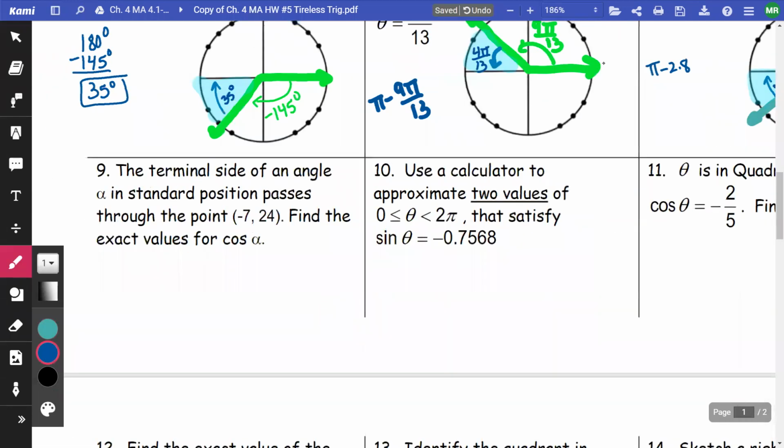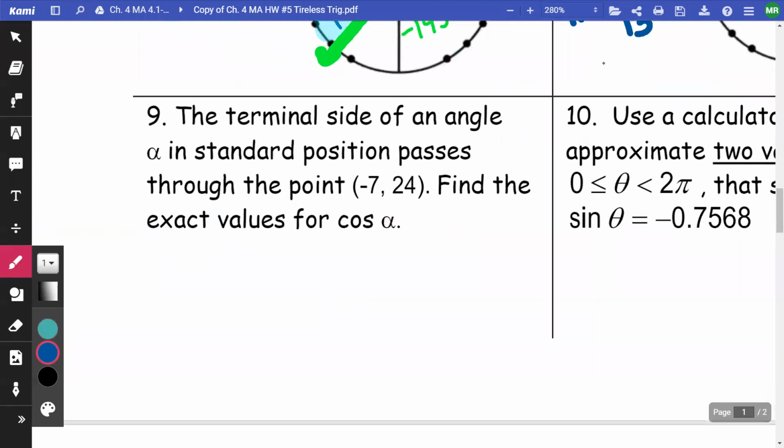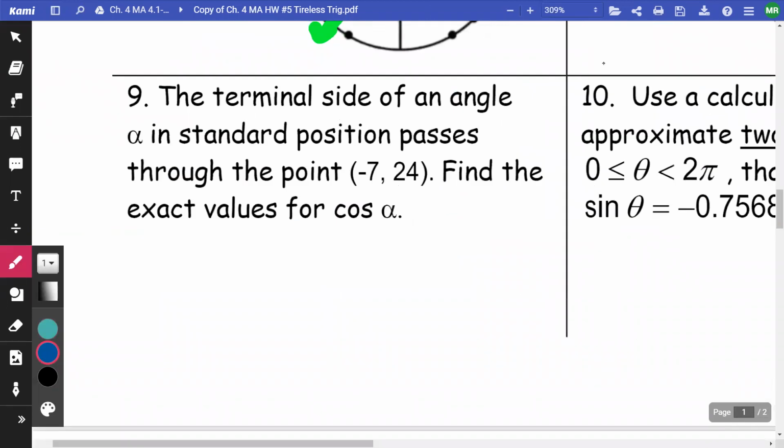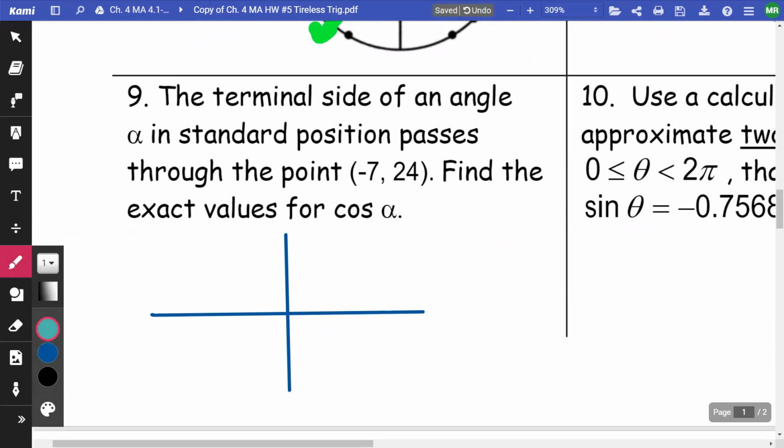On number 9, the terminal side of the angle in standard position passes through the point negative 7, 24. So if I'm thinking about this, I'm going to be drawing a triangle. I'm going to be in quadrant 2 because I have a negative x and positive y. So let's say that this is my angle.